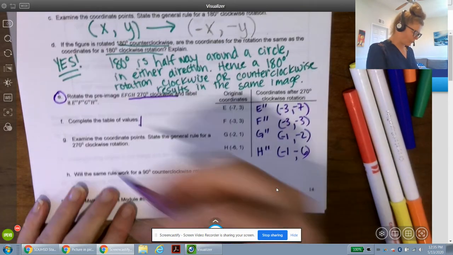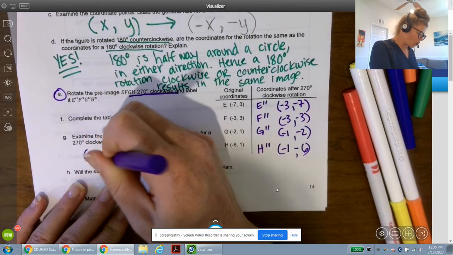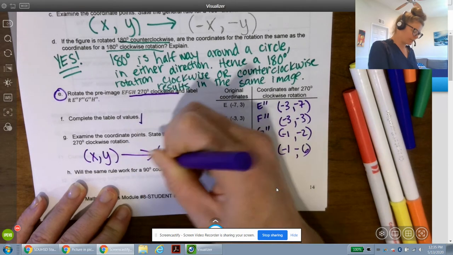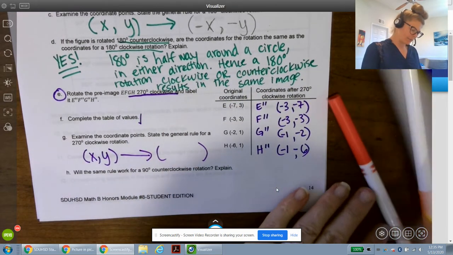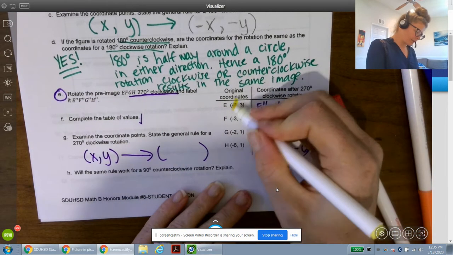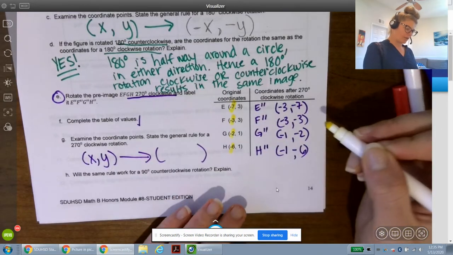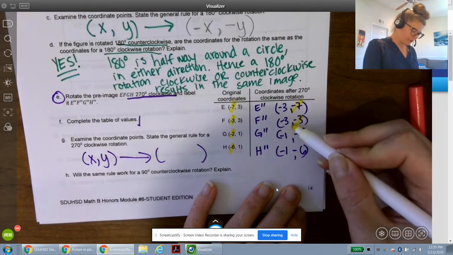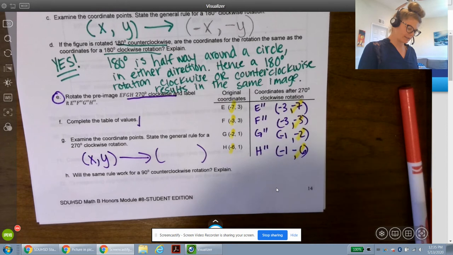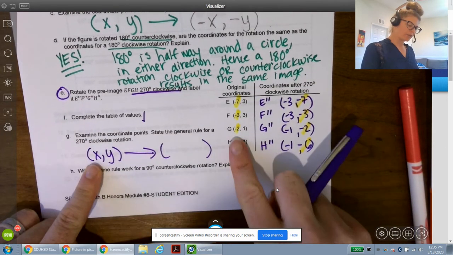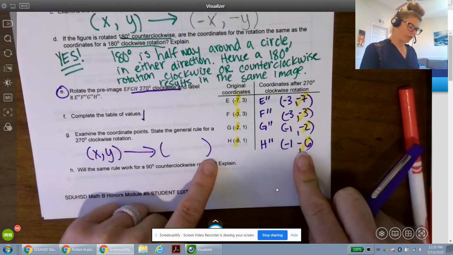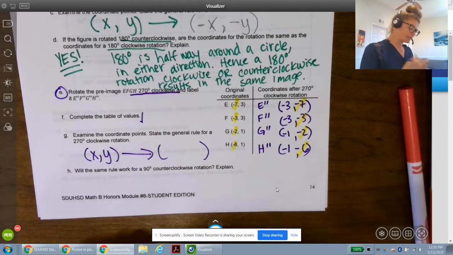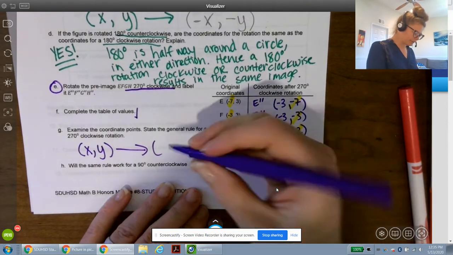Examine the coordinate pairs, state the general rule. So our general rule, we're always going to go x, y. And let's examine our original x values and what happened to them. Oh, interesting. Our original x values are now our y values. Not taking the opposite, not doing anything to it.